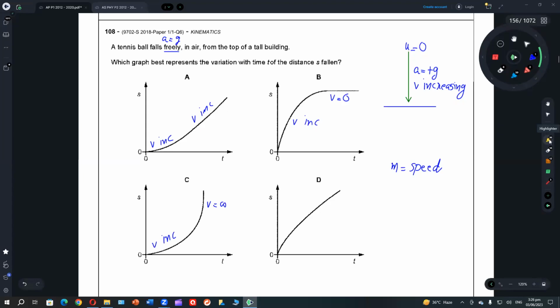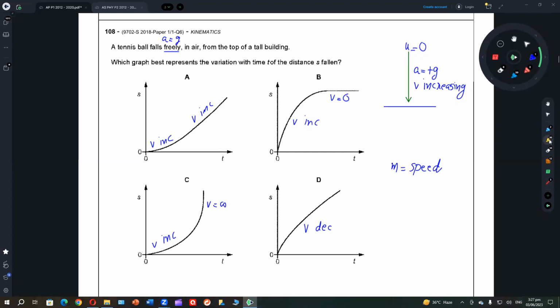D is showing velocity decrease. I have marked all the sketches. This is how I always tell the students to solve sketches: do not keep on looking at one sketch.